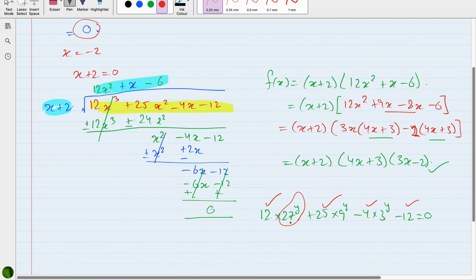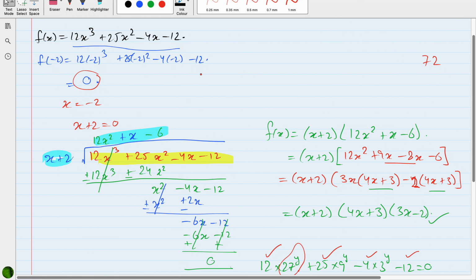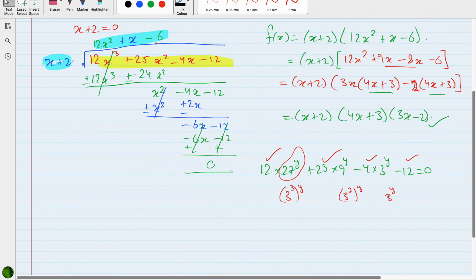So if I write it as 3 cube y, and this is 3 square y, and this is 3y, basically x is equal to 3 raised to power y.